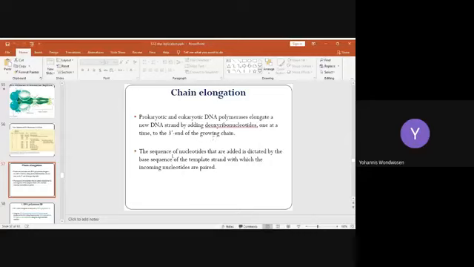The sequence of nucleotides that are added is dictated by the sequence of the template strand with which the incoming nucleotides are paired. The instruction, or the nucleotide arrangement, is obtained from the parental DNA strand, since the DNA polymerase has a 3' to 5' reading activity.